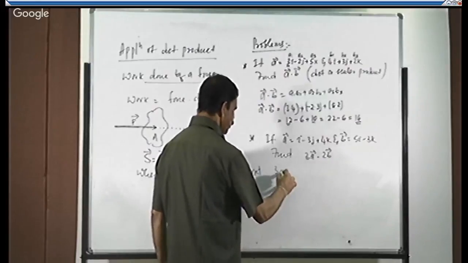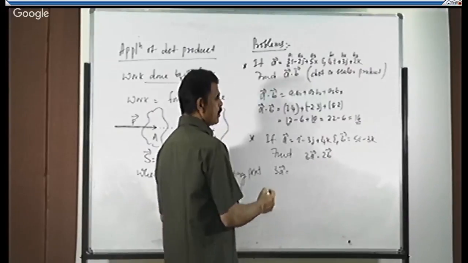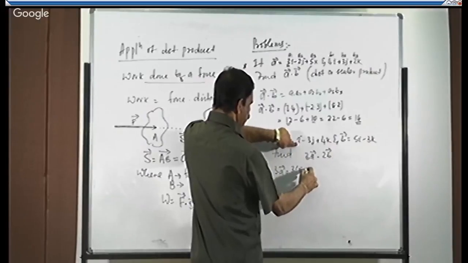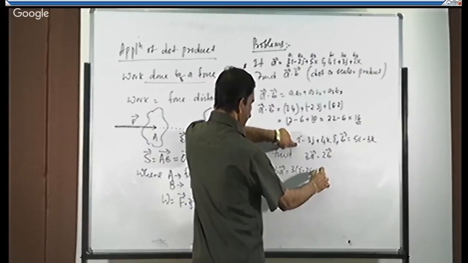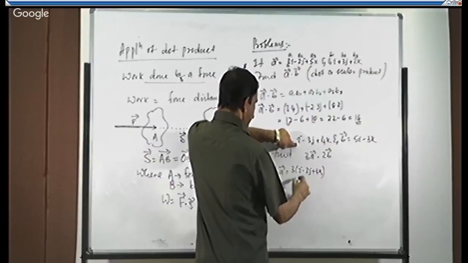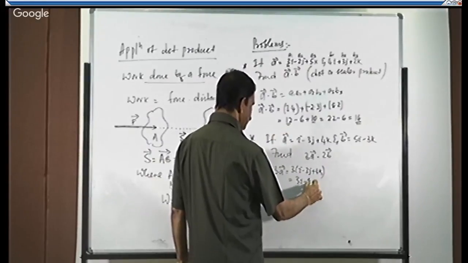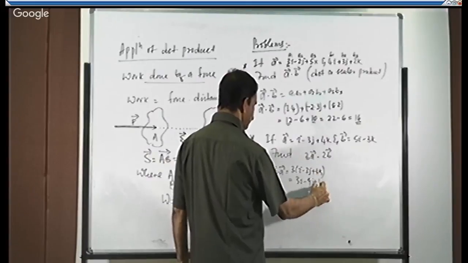First get 3A. What is 3A? 3A is equal to 3 into i minus 3j plus 4k, which is equal to 3i minus 9j plus 12k.